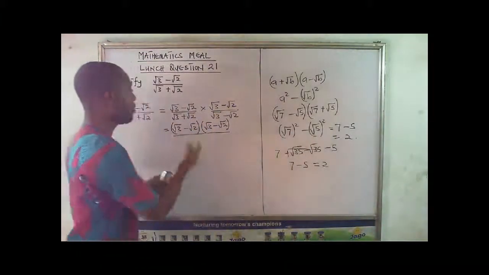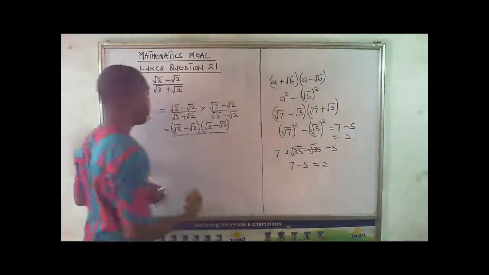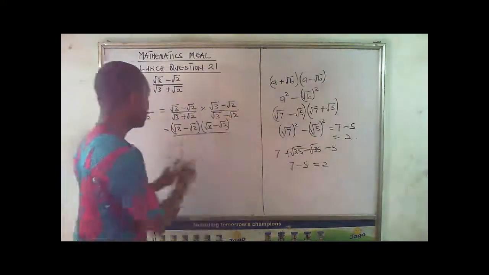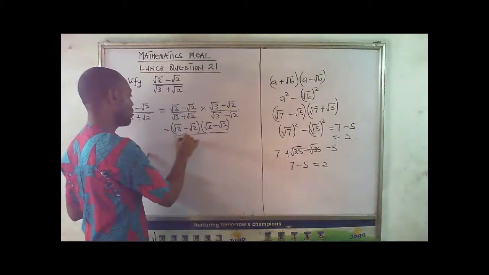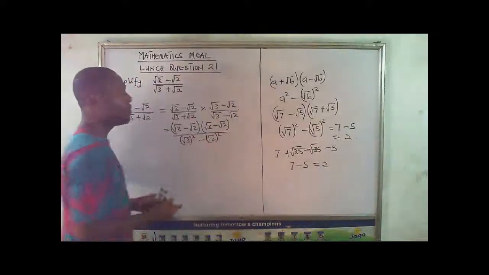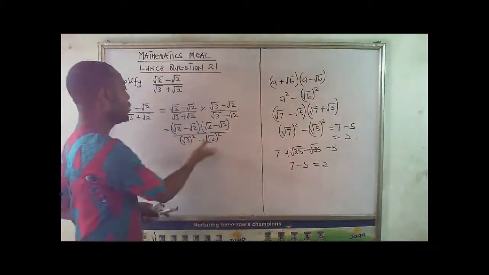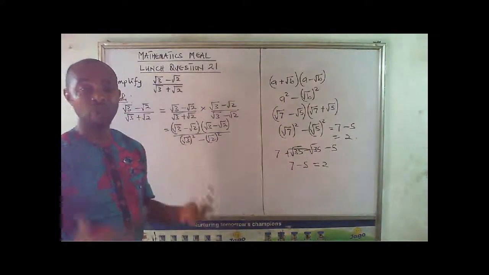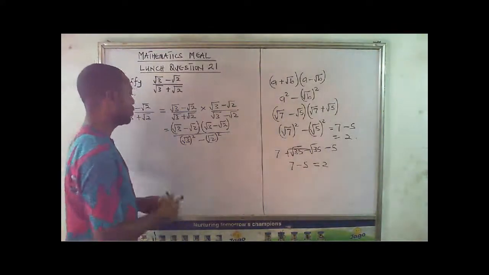So if we apply the short form of multiplying conjugate surds, I'm going to write this as square root of 3 squared minus square root of 2 all squared. Remember that you can only do this when the surds you are trying to multiply are what? Conjugates. They are conjugates.